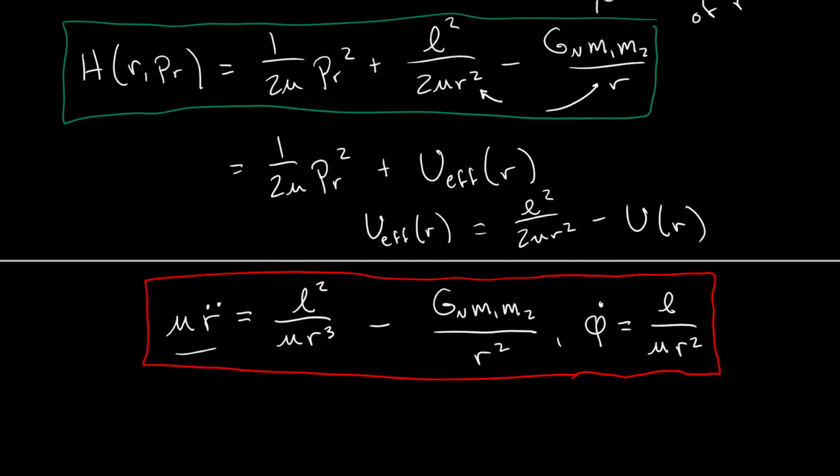I can solve the r equation first, and then the phi equation. That's not actually what we'll end up doing, but in principle, I could. This is a pretty horrible differential equation to solve still, but I plug something like this into a computer, and it'll solve this a heck of a lot faster than it would that original set of differential equations.